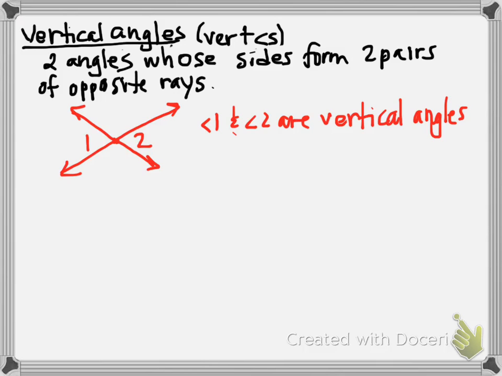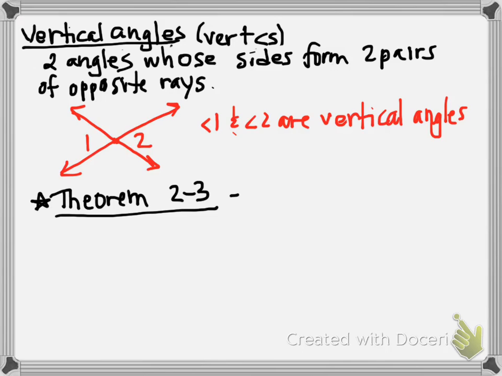Where we find out a relationship about vertical angles is from our theorem. Now, theorem 2-3 doesn't have a name, but it is a super short theorem, and most people memorize it immediately. And it's a good thing to memorize because it shows up a lot in proofs when we're dealing with angles.